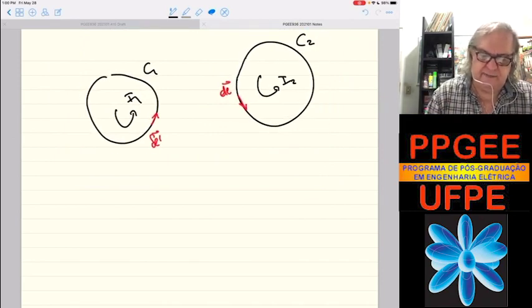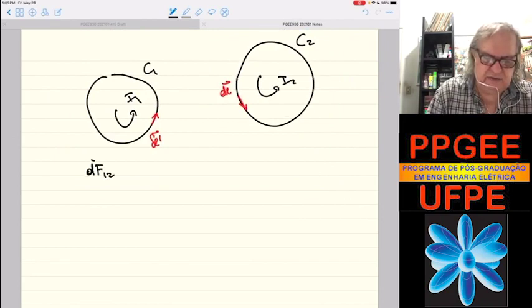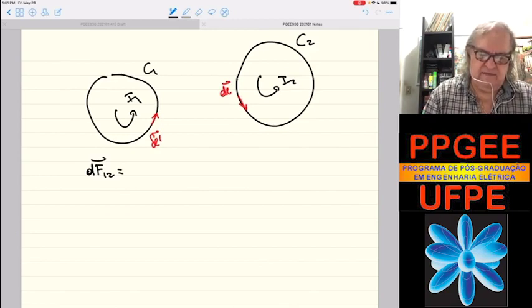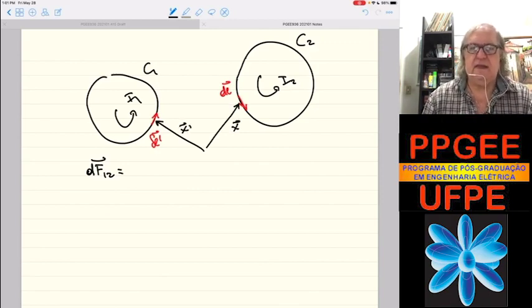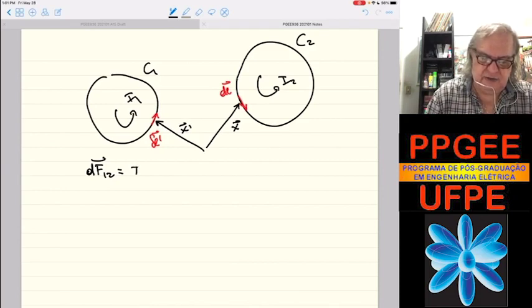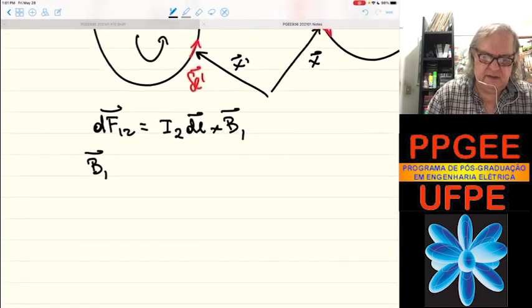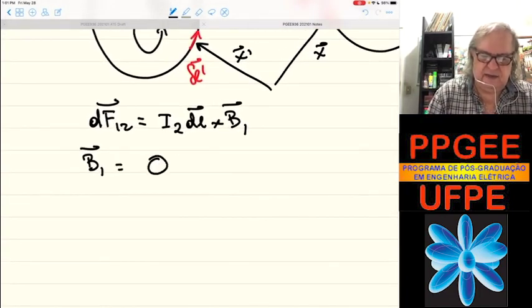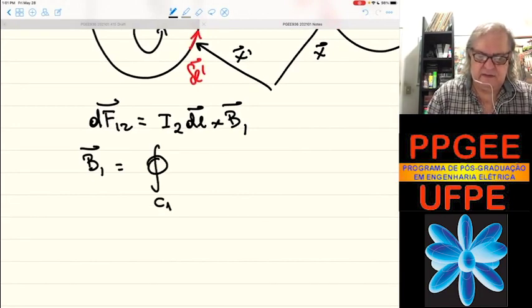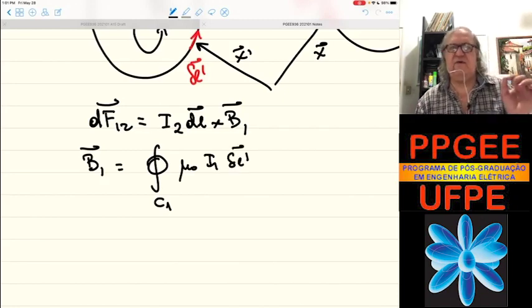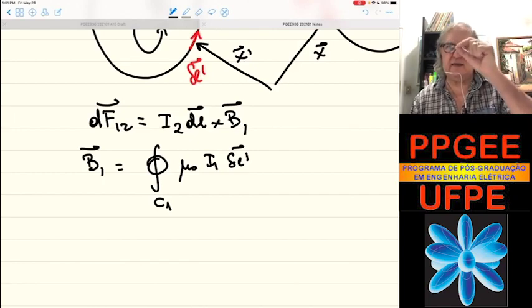So the force on dF12, we have here x and x prime, equals to I2 dl cross B1, and B1, as we mentioned, equals to integral over the first circuit, so the field due to circuit 1 on the position x of circuit 2.